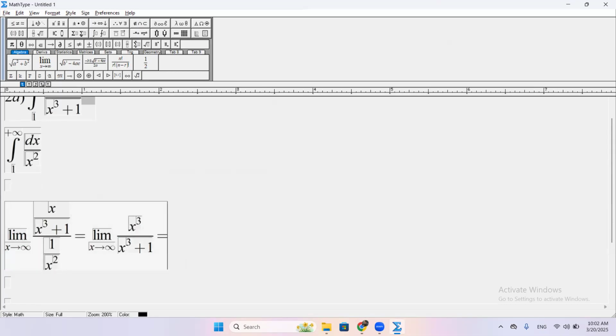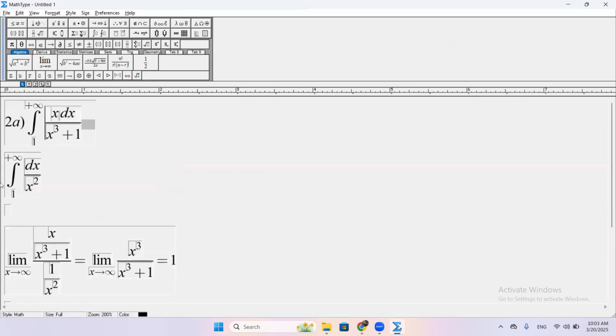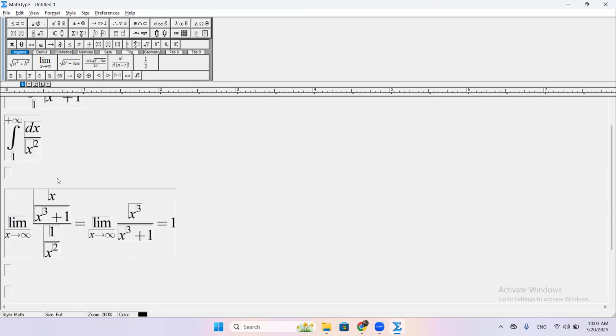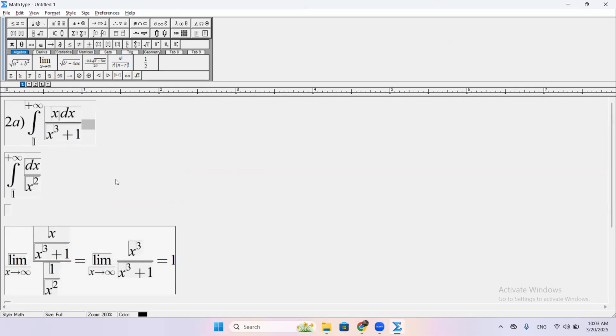As we know already from limit theory, this limit is equal to 1. So these integrals are equivalent, and it means that this integral converges, and this integral converges as well.